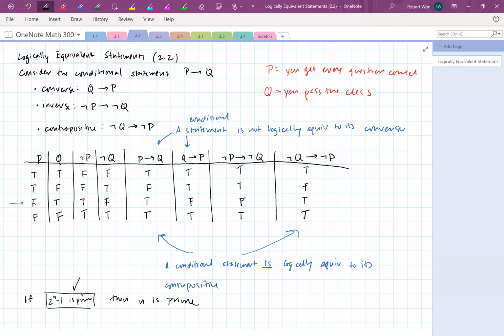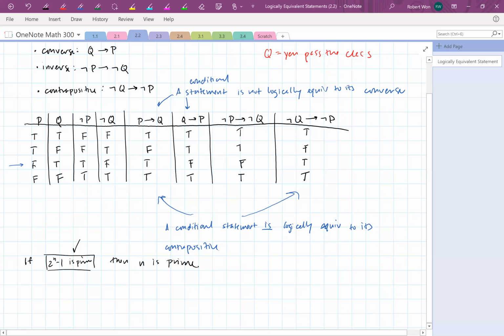But the point is that sometimes when you take the contrapositive, even though it's a logically equivalent statement, for some reason, you get something that's easier to prove, right? So like I said, this is a little bit contrived, but here, if n is not prime, then 2 to the n minus 1 is not prime.